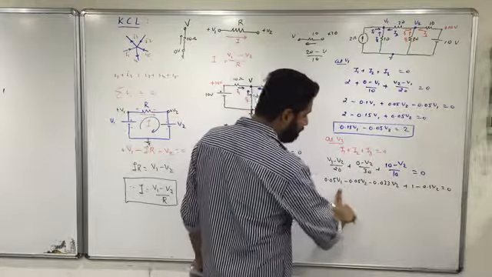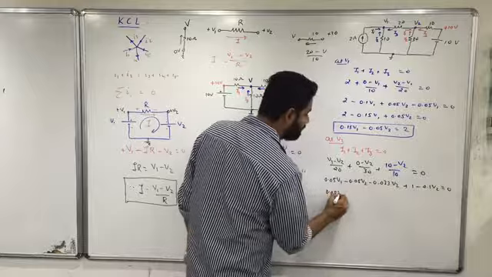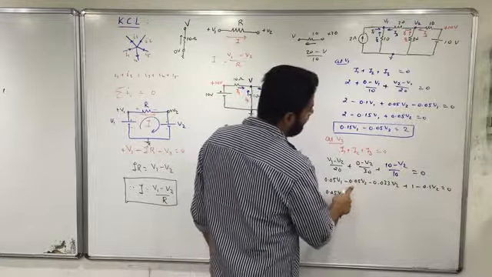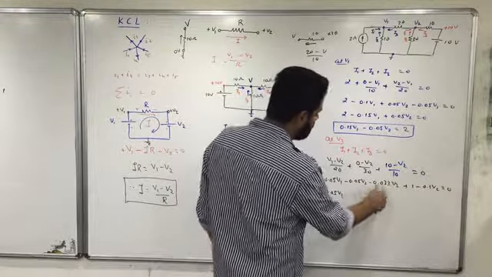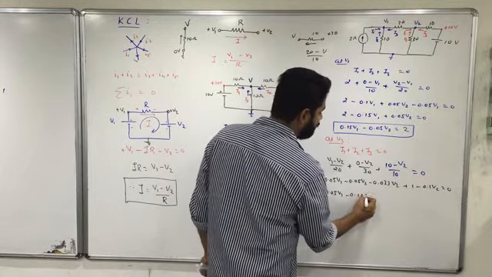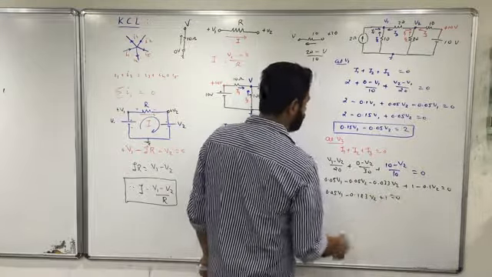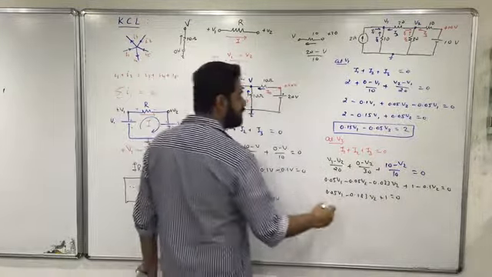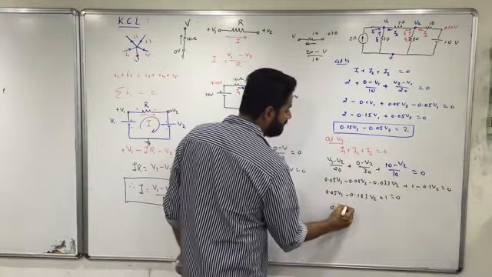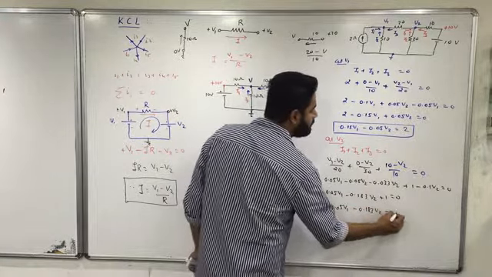So it's 0.05 V1 minus 0.183 V2 plus 1 equal to 0. Taking that to the other side, I have 0.05 V1 minus 0.183 V2 is equal to minus 1.